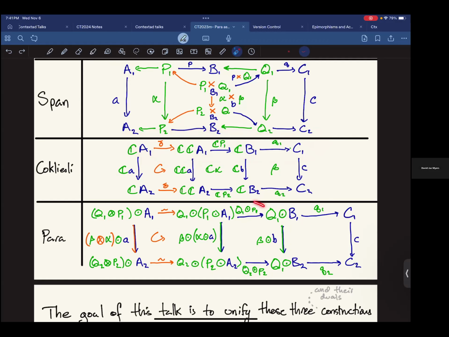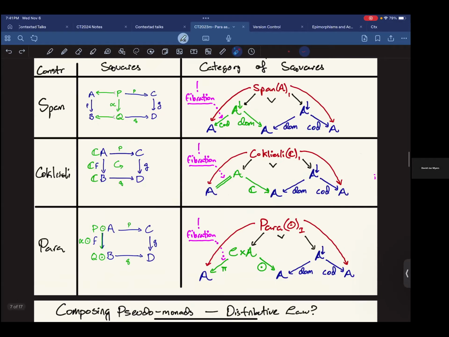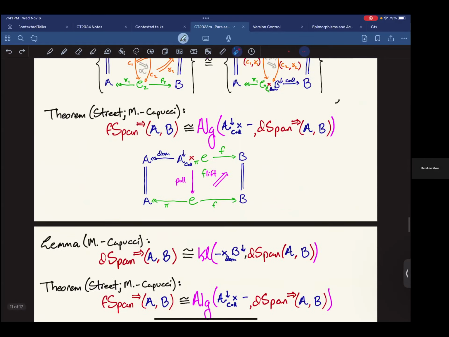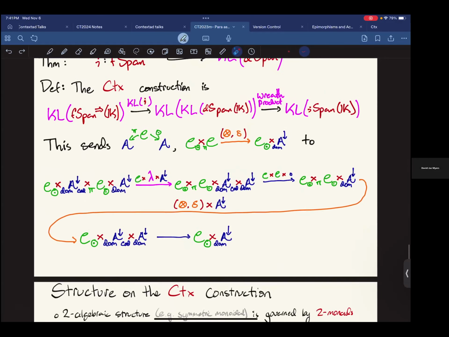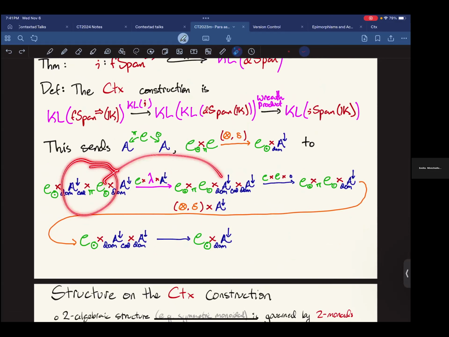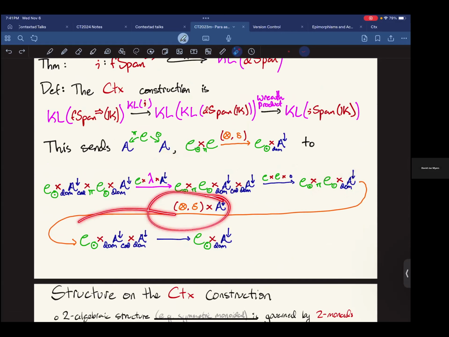And similarly over here, we take our first thing, we swap the context with the second thing, we combine contexts, and then we compose the result. And that's what this says.